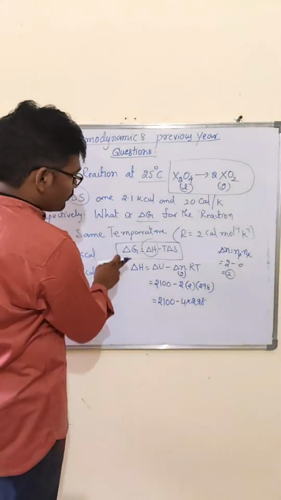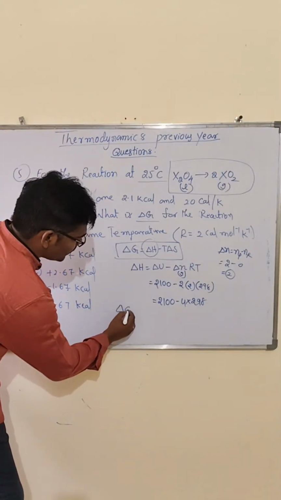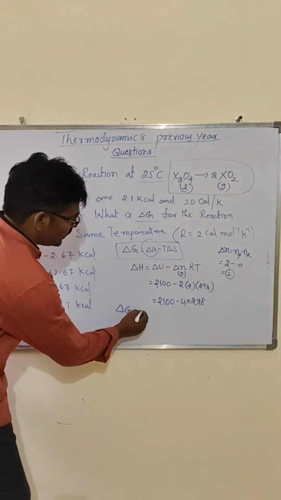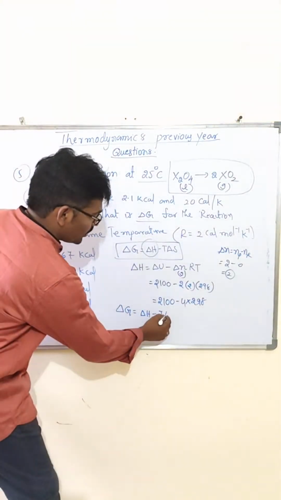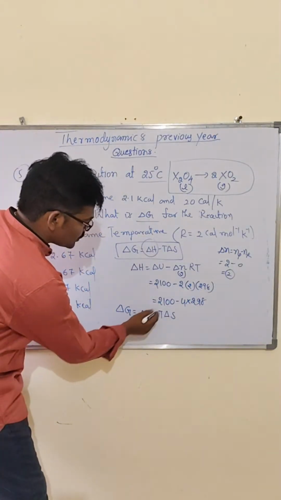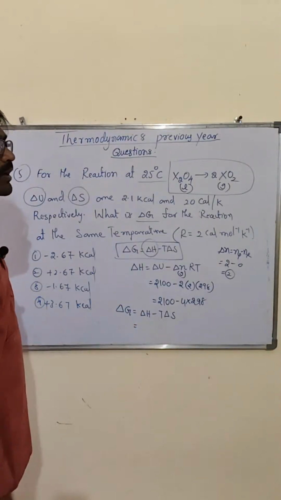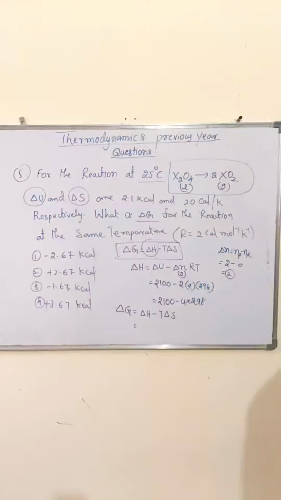Then what you have to find out? Delta G. So delta G equals delta H minus T into delta S you have to take. Delta H value how much we got?